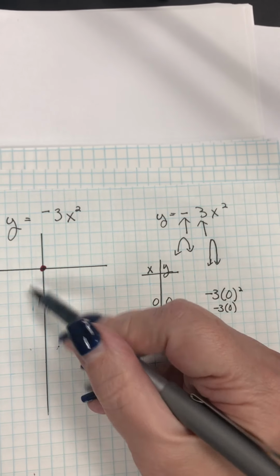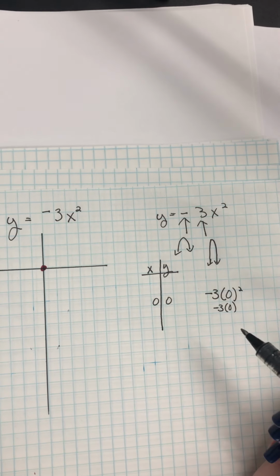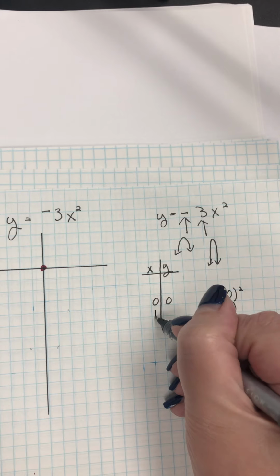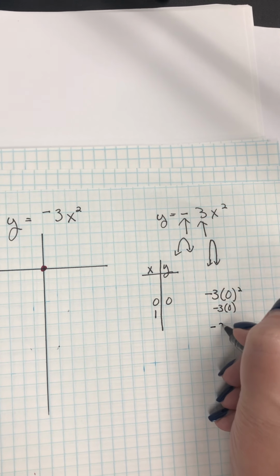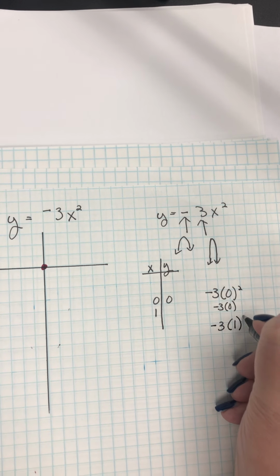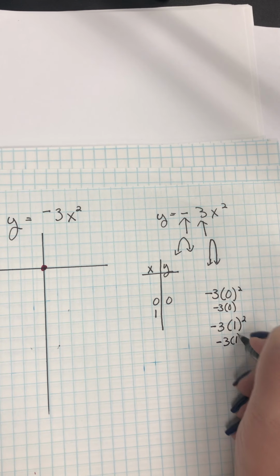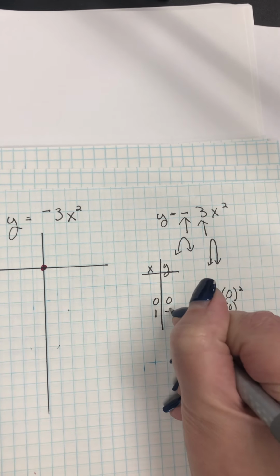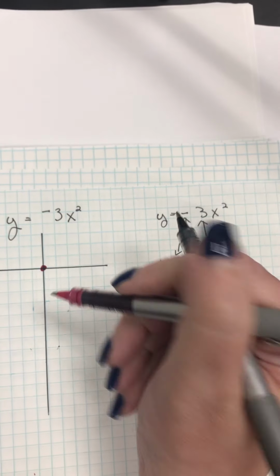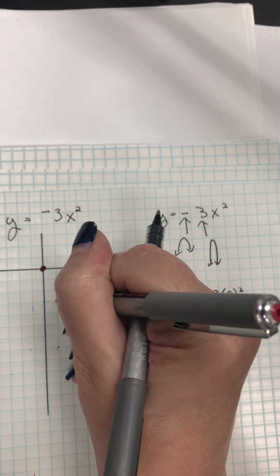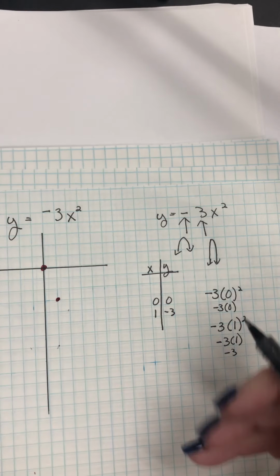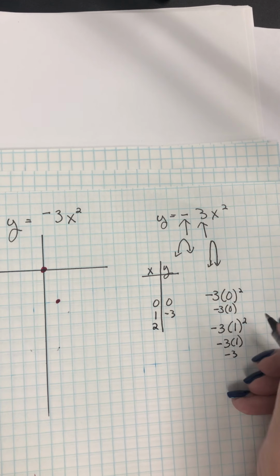Okay, so I think it's going to go down from that vertex. So let's put in a 1. Negative 3 times 1 squared, which would be negative 3 times 1, which is negative 3. Let's try 2.